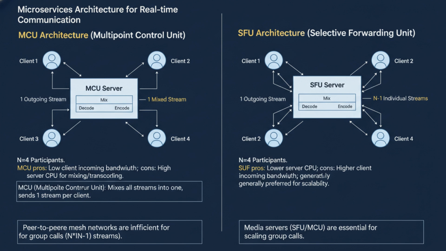While this increases the client's incoming bandwidth requirement compared to an MCU, the SFU itself is much less CPU intensive because it doesn't perform complex transcoding or mixing. SFUs are generally preferred for their scalability and lower server resource demands, enabling larger and more dynamic group calls.